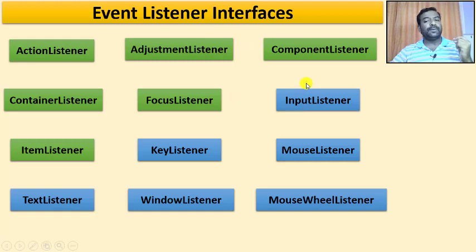There is an input event class, but there is no input listener with any specific method, because the input listener is divided into the key listener, mouse listener, further the mouse wheel listener, and so on. Hence, if I discuss the key listener, the mouse listener, and the mouse wheel listener, I'm indirectly discussing an input listener.